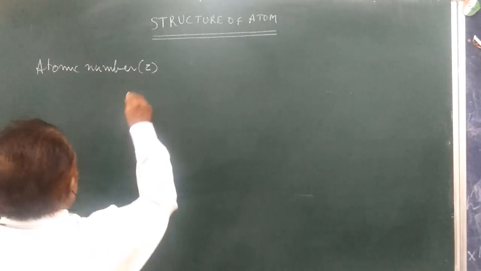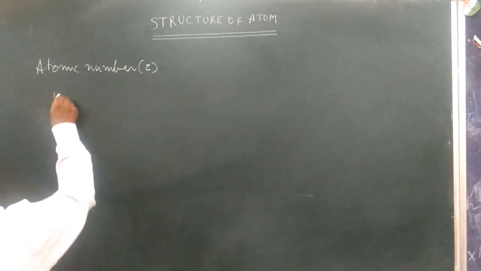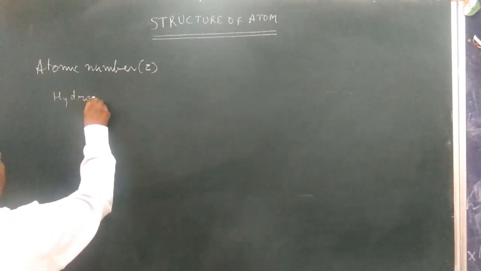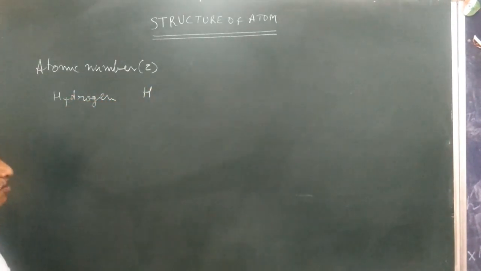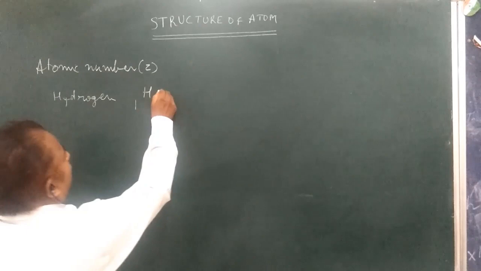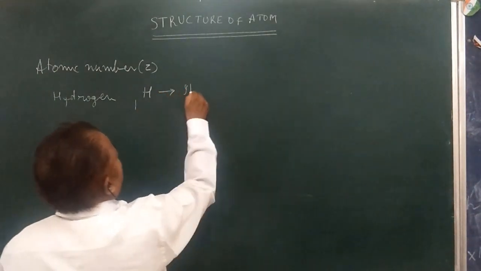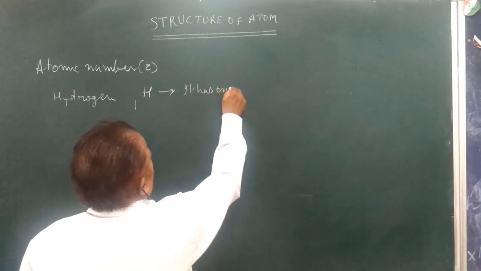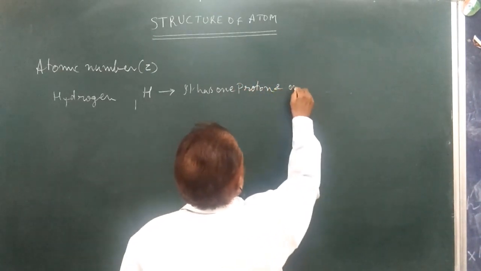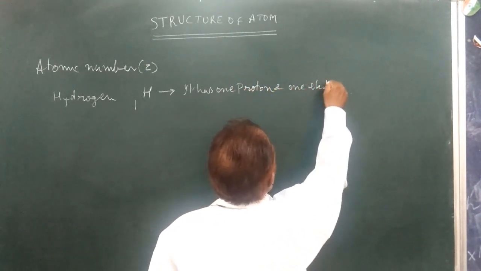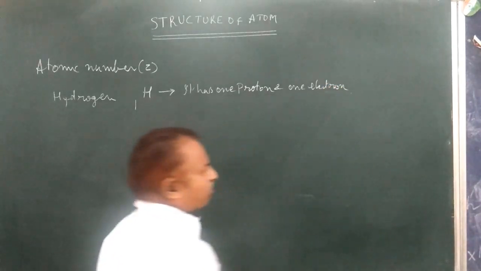Let us take an example of hydrogen. Hydrogen, symbol H, atomic number 1, which indicates it has 1 proton and 1 electron.